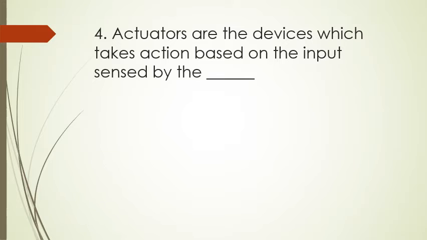Next question is, actuators are the devices which take action based on the input sensed by the dash. Whenever we say sensing, obviously it will be the sensor, so there is no need of the rest of the options here. Option A is the correct answer. Actuators are the devices which convert energy into motion, and they work on the input sensed by the sensor.